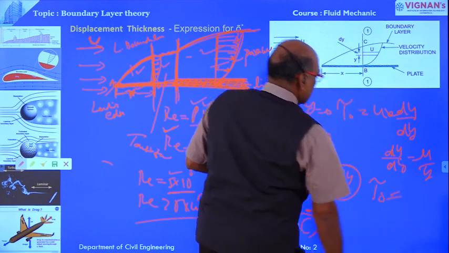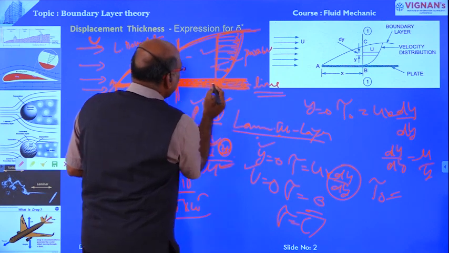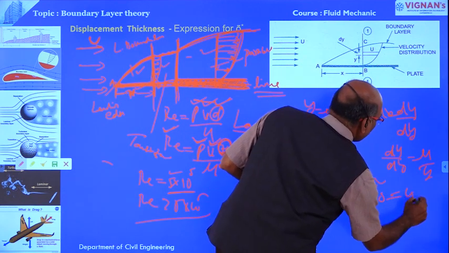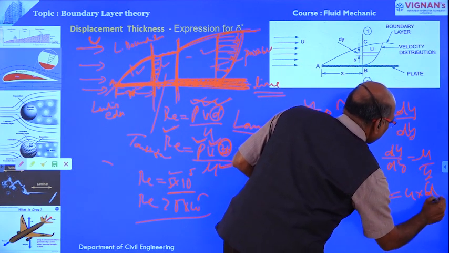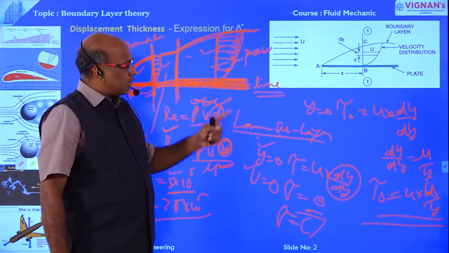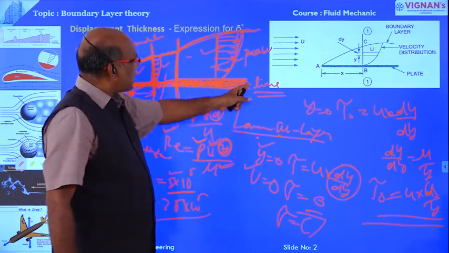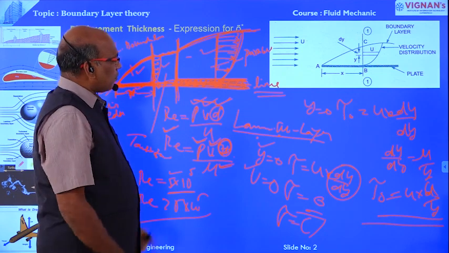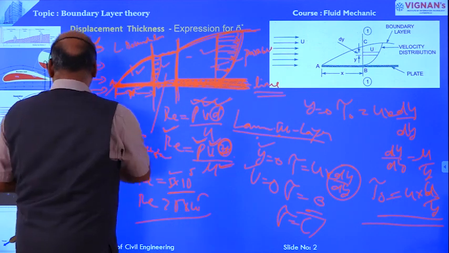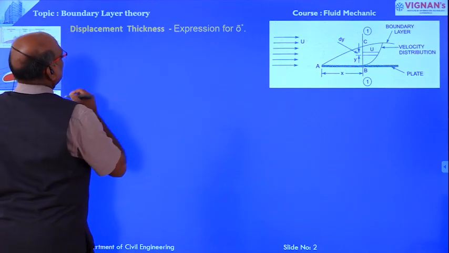Therefore, tau, the shear stress in the laminar sublayer, even at y equal to 0, very near to the boundary, is equal to mu into u by y, because the profile variation in this zone is linear. These are what we discussed last class. Now we are going to discuss boundary layer thickness.